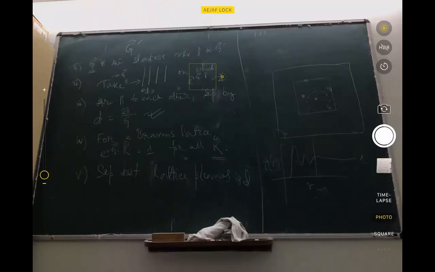Yeah, but you don't count particles that are at distance L. So r will vary from 0 to some L by root 2, I guess, because that is the maximum distance we need to worry about.